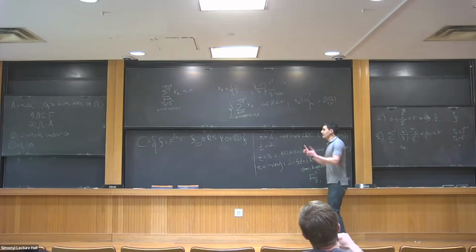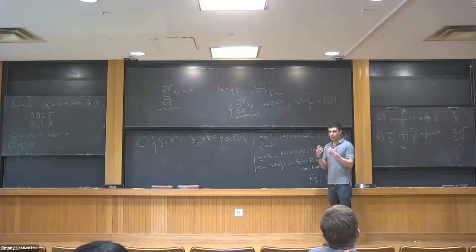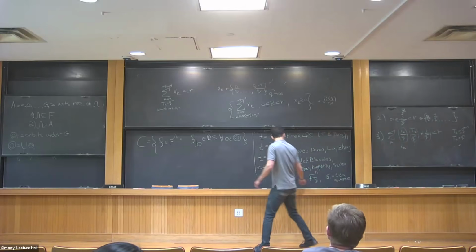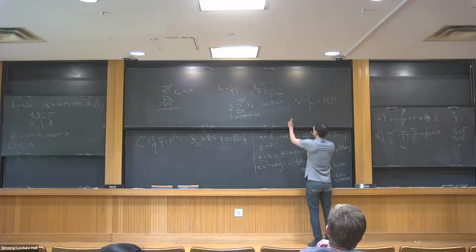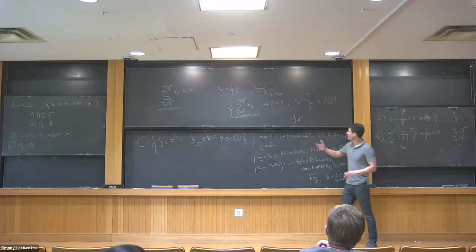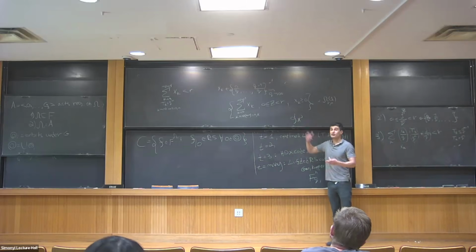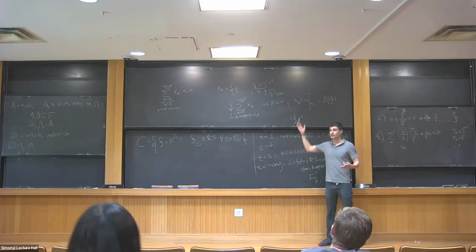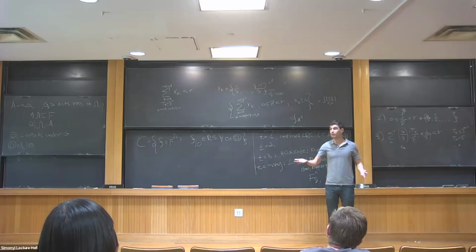But again, what we showed is that we only looked at polynomials of this form, g to the i, x to the j, that satisfy these three constraints. But it very much could happen that there are two polynomials of this form that do not satisfy this constraint, but some linear combination of them does satisfy it.